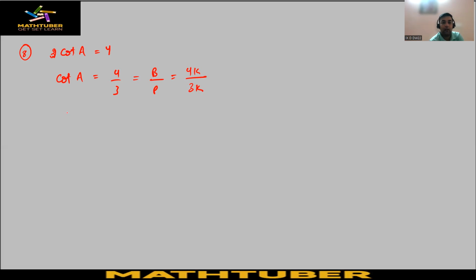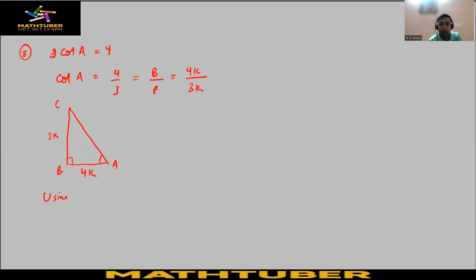Now, if we form a triangle here, this will be A, this will be B, and this will be C. So base is AB, so it will be 4k, and perpendicular is BC, so it will be 3k.